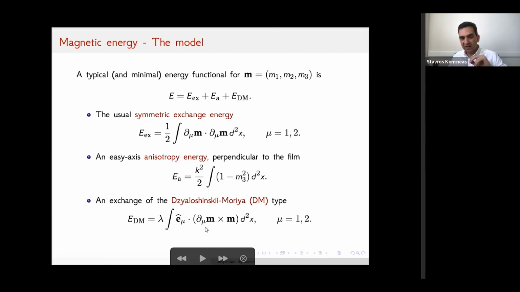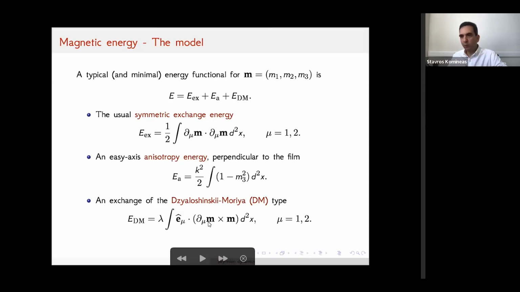This is an exchange term because it contains a derivative, but it has a bit of a different physical origin than that exchange term. And it is different from the first exchange term because this has one space derivative. That means that it matters whether you move from left to right or from right to left, whether your magnetization changes in some way.